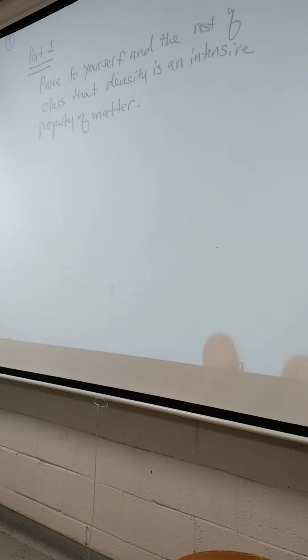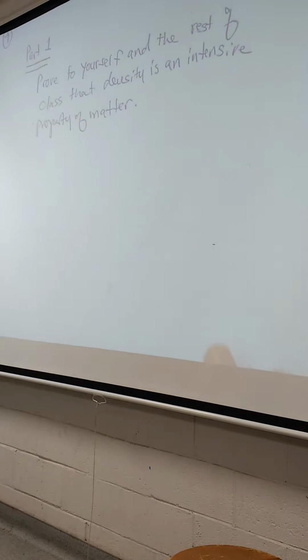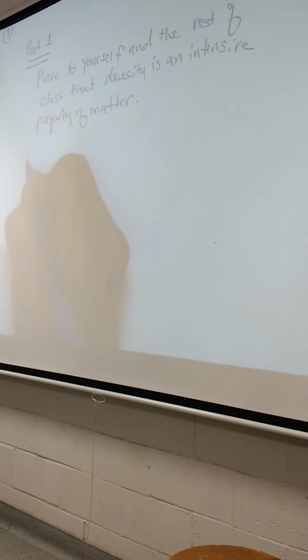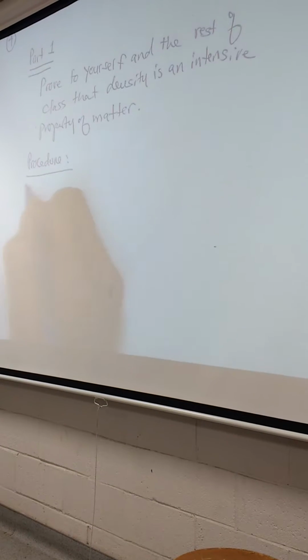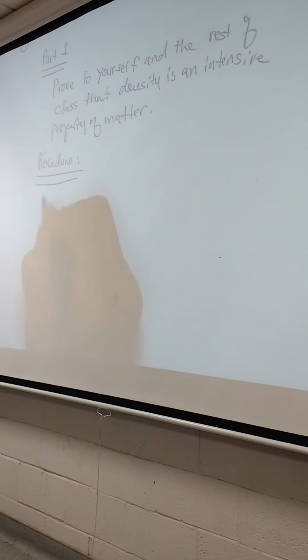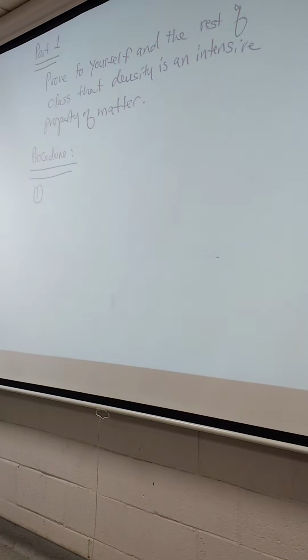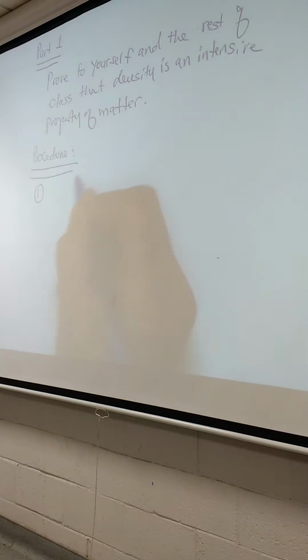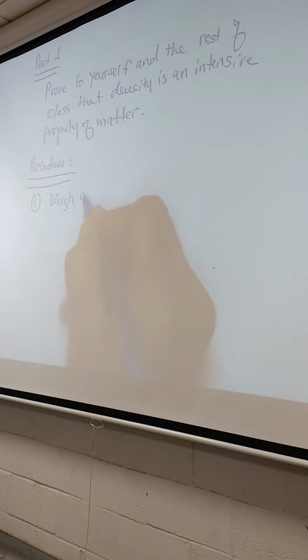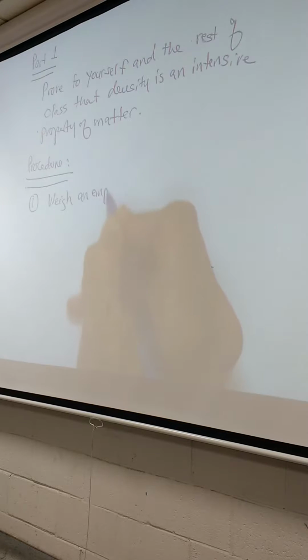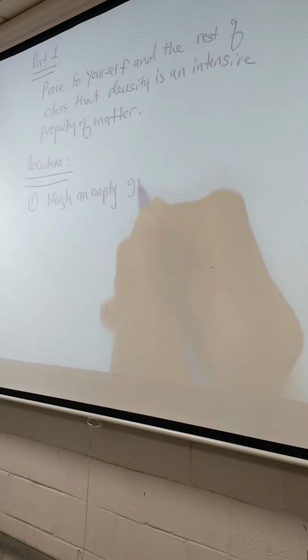Now, what you have to do here, you will take first the procedure here, and then I'll show it and explain it. But let me write the procedure first. The first step: you weigh an empty graduated cylinder.